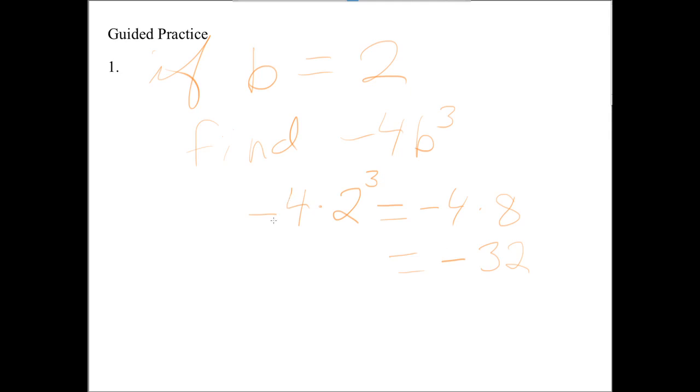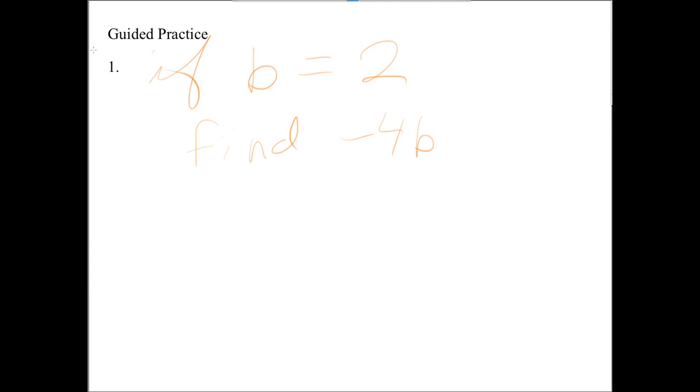Let's take a look at another one and see what that one's going to look like. And I'm going to go ahead and erase some of this. Get us back to this part. And I'm just going to change a couple things.